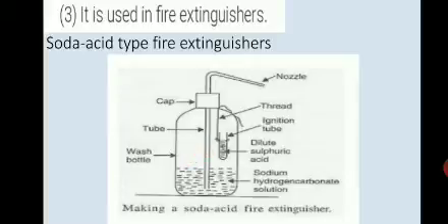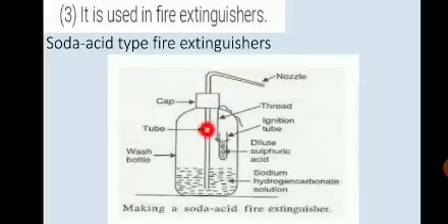If we shake this bottle when an accident occurs, both the substances will mix together. The sulfuric acid mixes with the sodium hydrogen carbonate solution and, as we know, when they are mixed together, a large amount of carbon dioxide gas is produced.